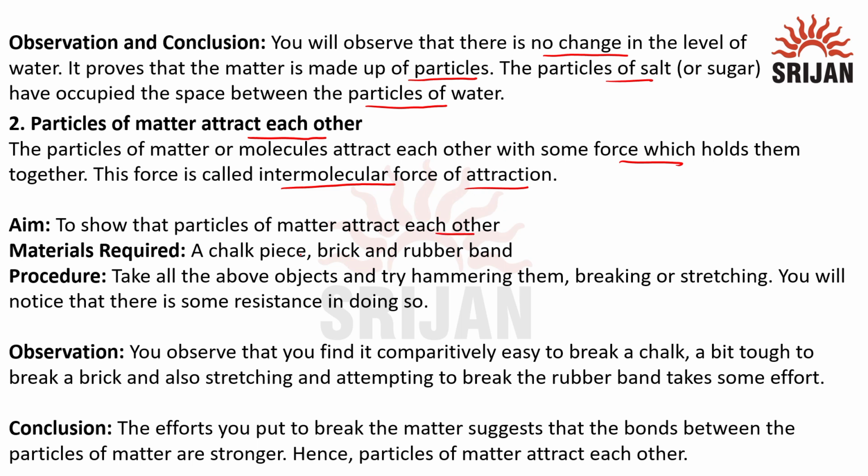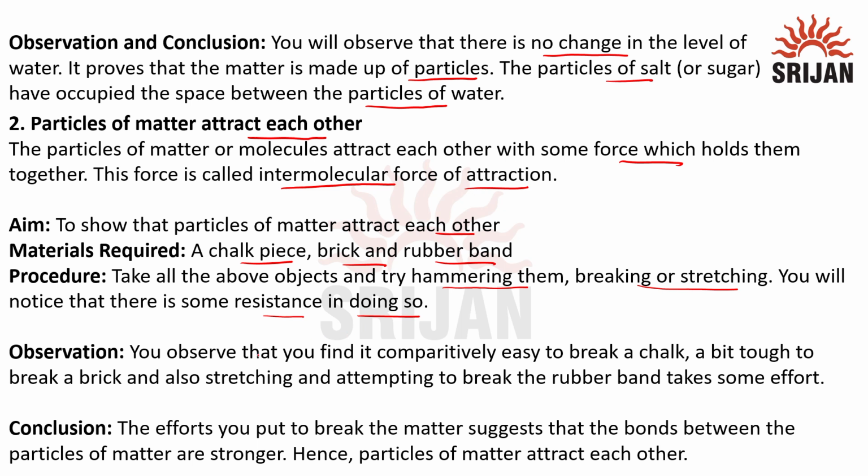Materials required are a chalk piece, a brick and a rubber band. The procedure: take all of the objects and try hammering, breaking or stretching them. You will notice that there is some resistance in doing so.